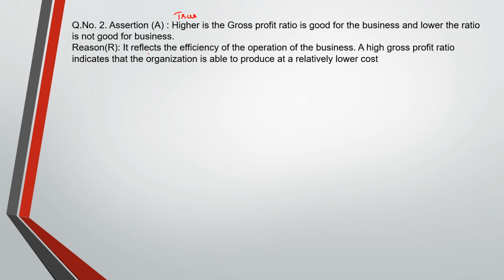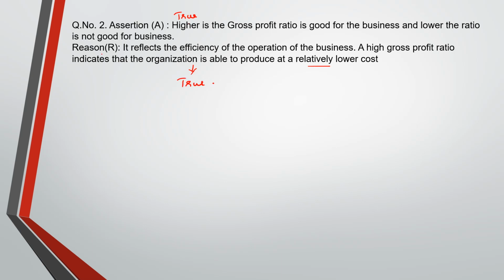Now reason is: it reflects the efficiency of the operation of the business. A high gross profit ratio indicates that the organization is able to produce at a relatively lower cost. Yes, because it is having higher gross profit, it means its direct activities are operating efficiently. And therefore, that is also true.